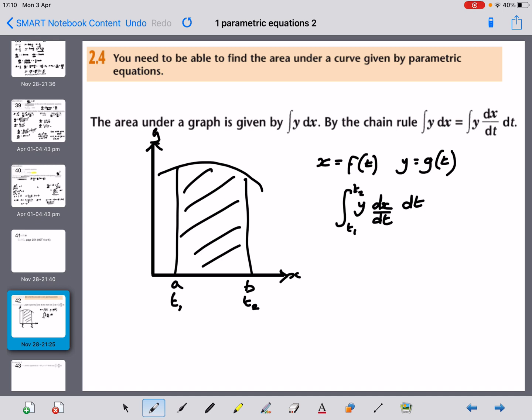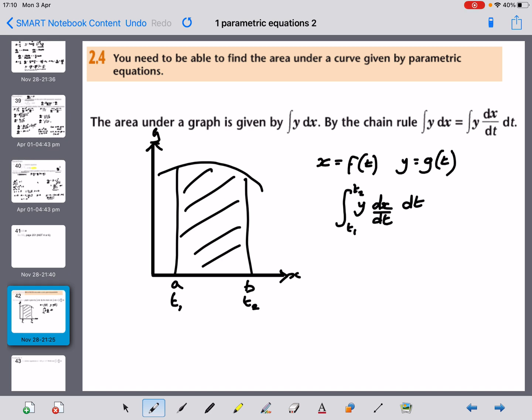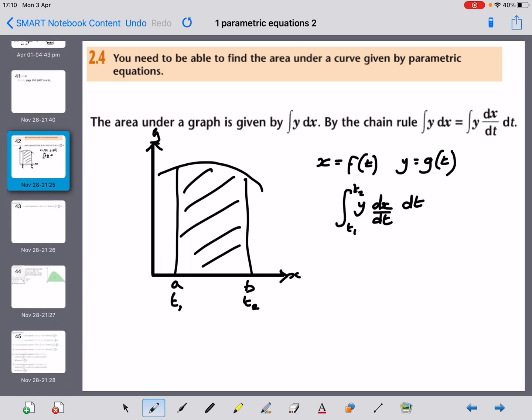So if you are told the t limits, then happy days, we don't need to do much working out. If we have the x values, then we need to figure out what the value of the parameter is, the t value or the theta value, if it's in terms of theta, at that point. Then we're going to integrate with respect to t, and we're going to substitute in our t limits.